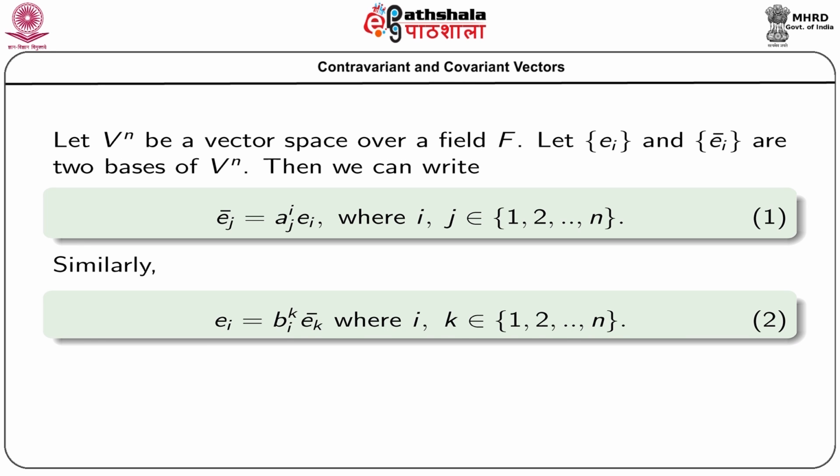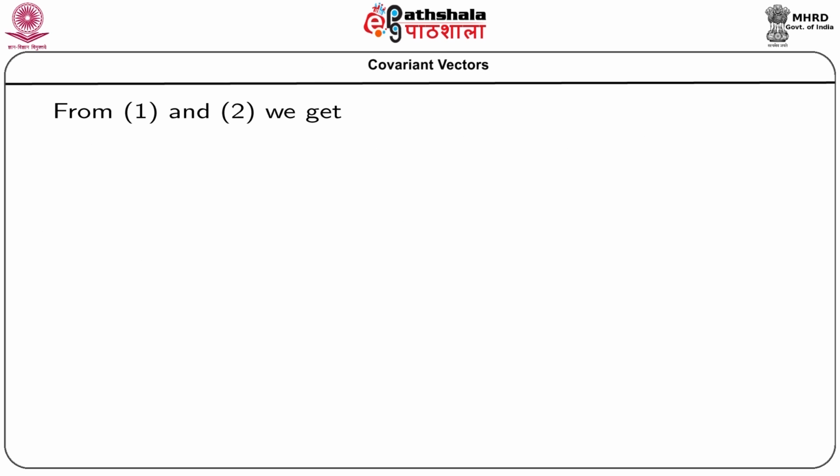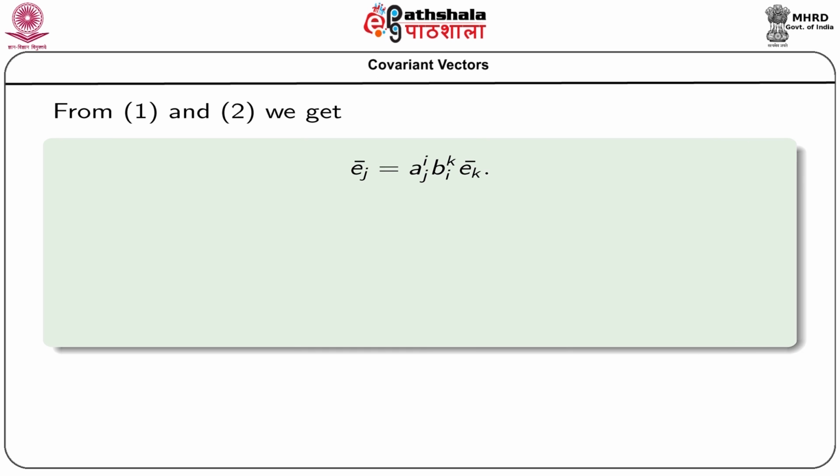Similarly, E_i can be expressed as B_ki E bar_k, where i and k belong to the index set 1 to n. So, from 1 and 2 we can get E bar_j equals A_ij B_ki E bar_k.